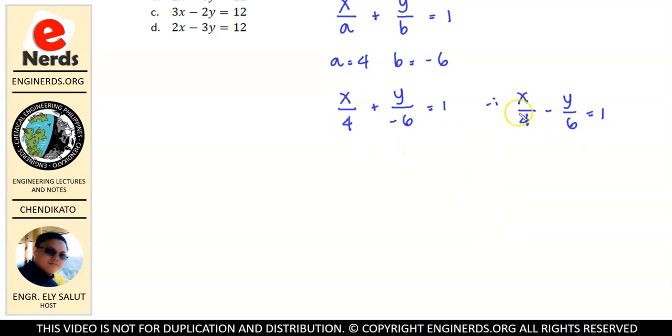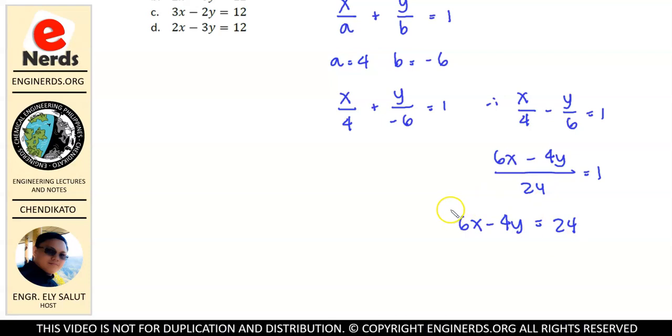So, medyo sisimplify lang naman natin yung ating equations, no? So, we will have 6x minus 4y over 6 times 4, which is 24. And this is equal to 1. Okay, so multiplying both sides by 24, we will have 6x minus 4y is equal to 24.